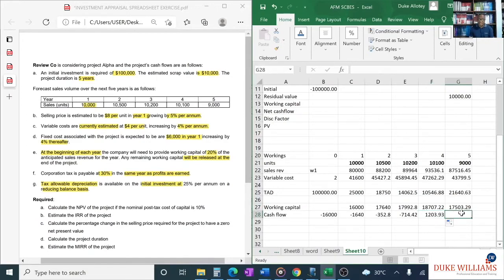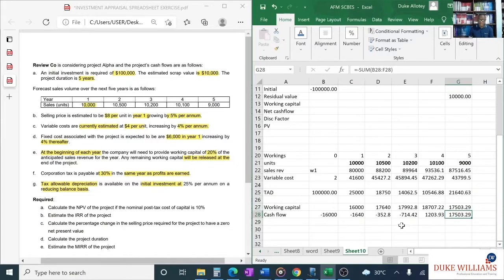So the final figure in year five should be 17,503. Let's see. All I'm going to do is sum this up, taking the negative of the sum of all the figures I've invested to date. So that gives me that. Again, you can see that these two figures are the same.